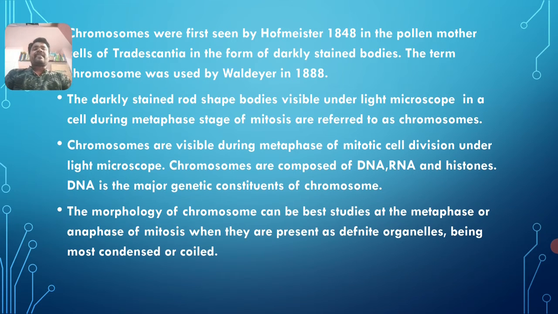DNA is the major genetic constituent of the chromosome; chromosomes consist of an abundant amount of DNA as genetic material. The morphology of chromosomes can be best studied at the metaphase or anaphase of mitosis, when they are present as definite organelles in the most condensed or coiled condition.